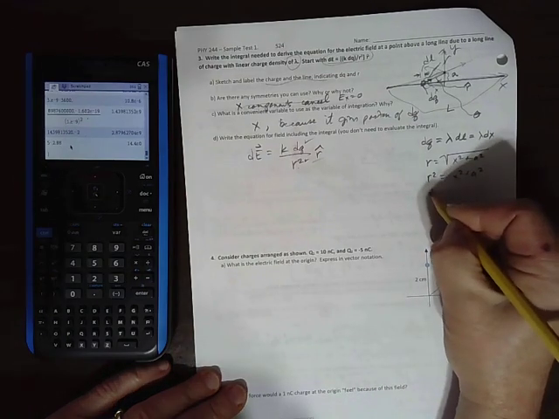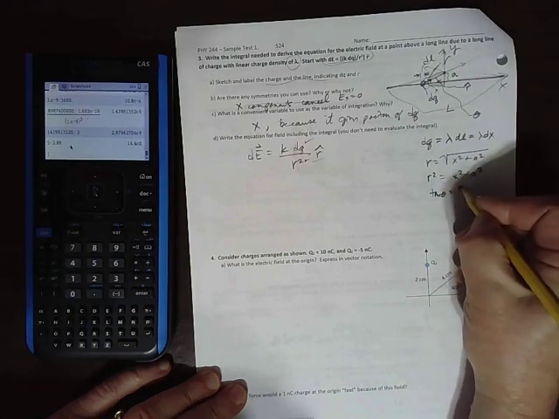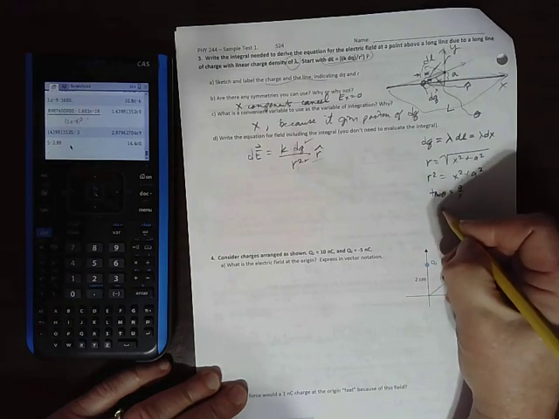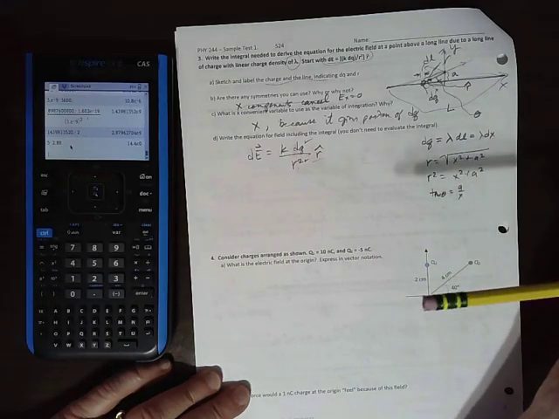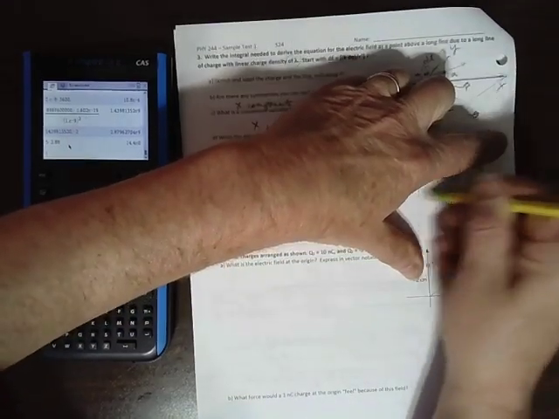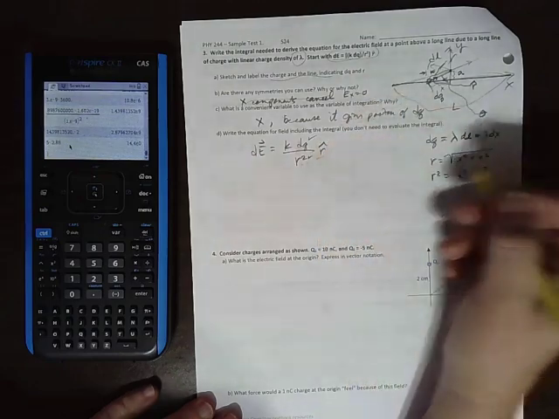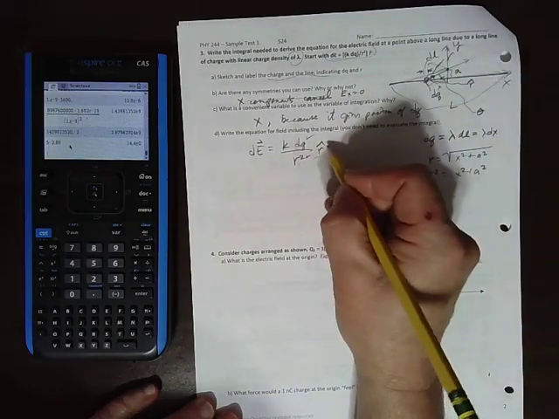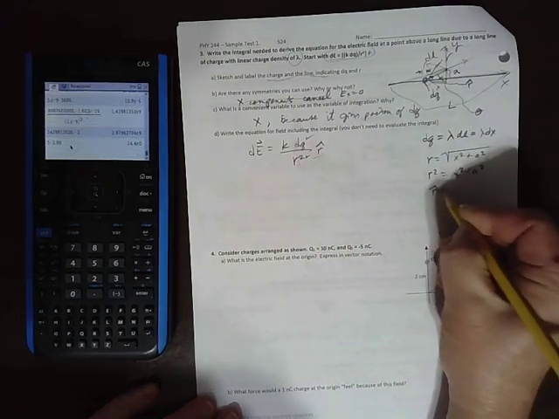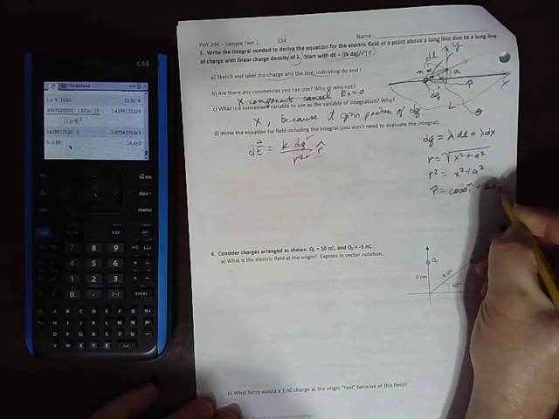So tangent theta is a over x. To break up this unit vector, we can do it in terms of i hat and j hat. So we can say r hat is cosine theta i hat plus sine theta j hat.